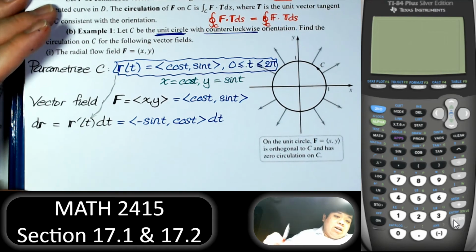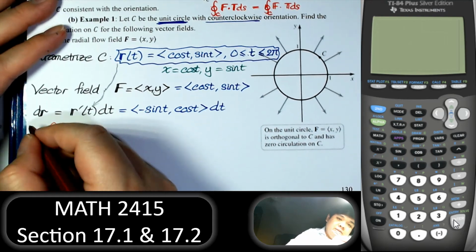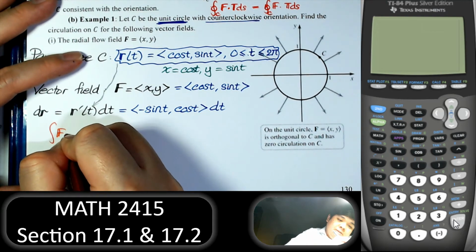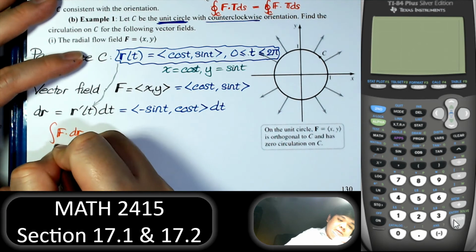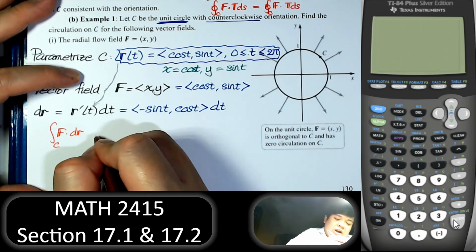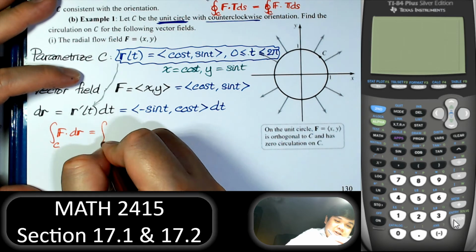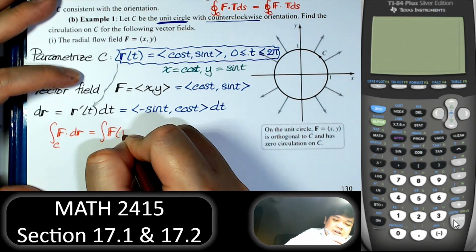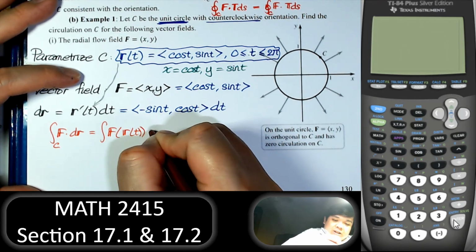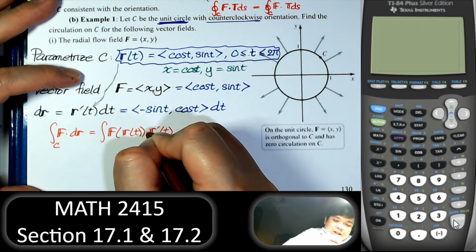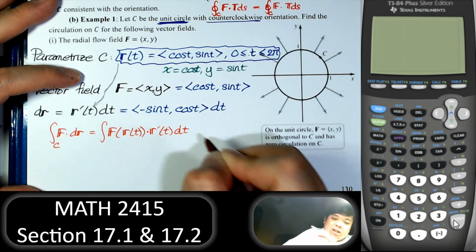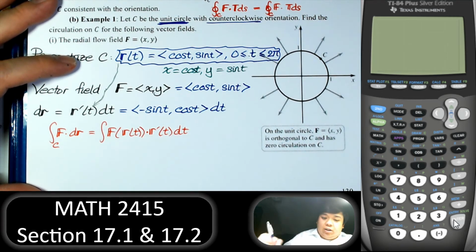Right, and then the line integral. I usually prefer to write this form: the vector field in terms of t, dot product with the derivative, dt, with t going from 0 to 2 pi.